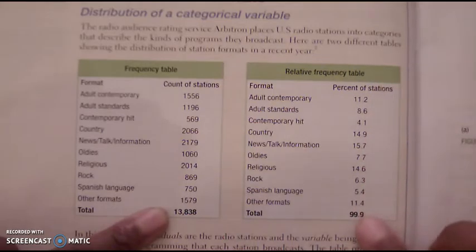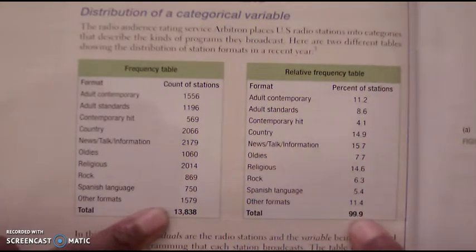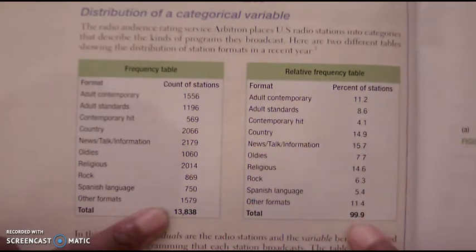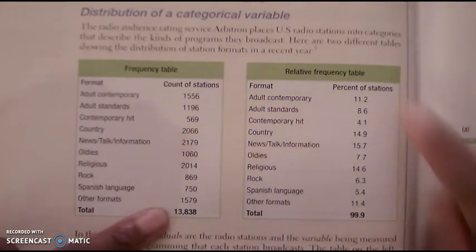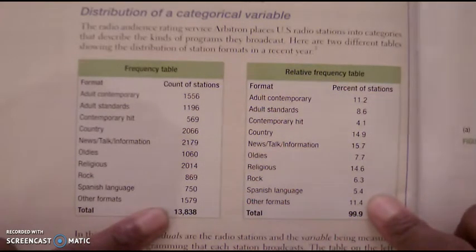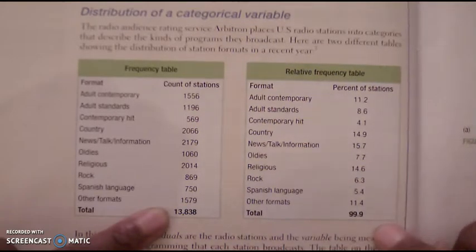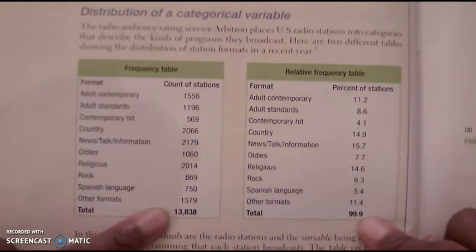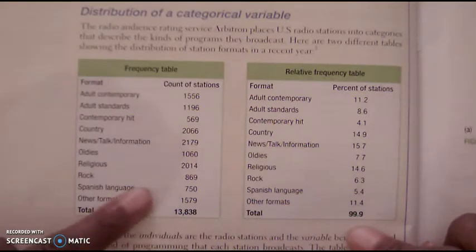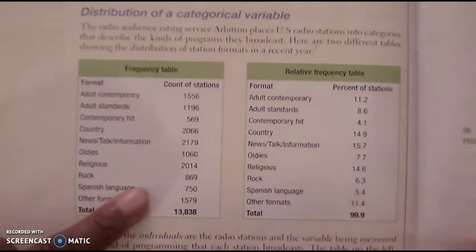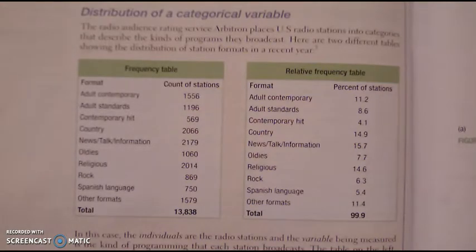As you can see, my total almost adds up to 100. The only reason it doesn't quite get there is because we rounded these values to the nearest tenth. In reality, whenever we do a relative frequency table, all my percentages will technically add up to 100%. So let's summarize a little bit.